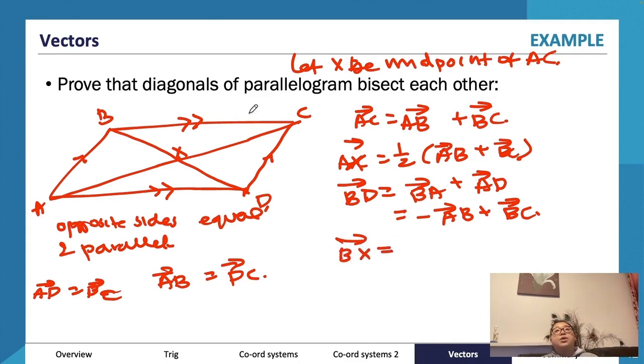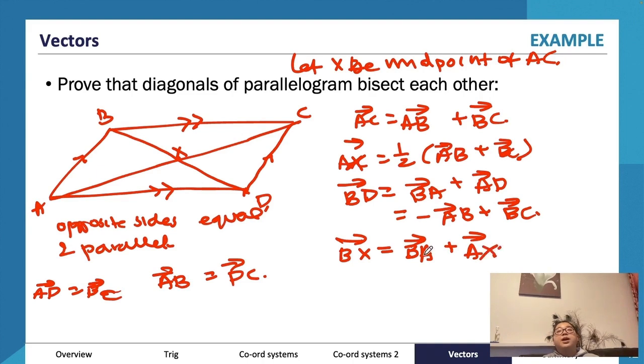So BX is going to be BA plus our AX that we found before.